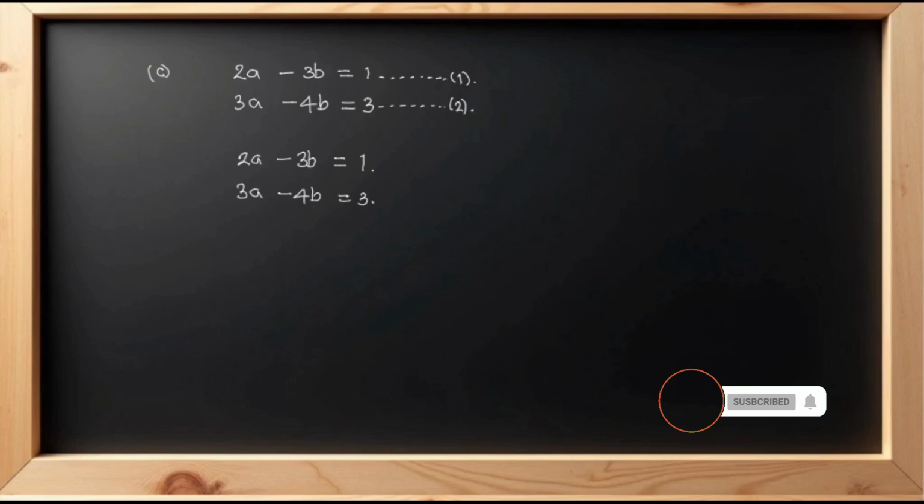Now let's multiply equation 1 by 3, and we multiply equation 2 by 2.